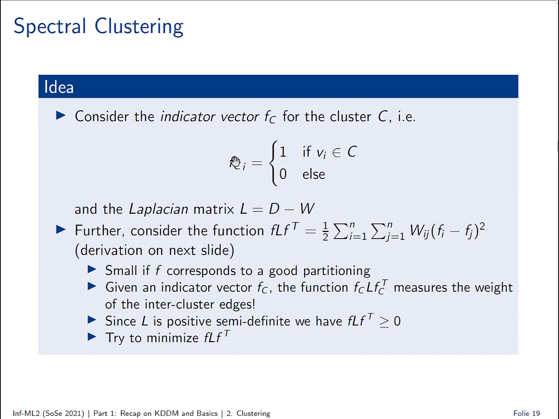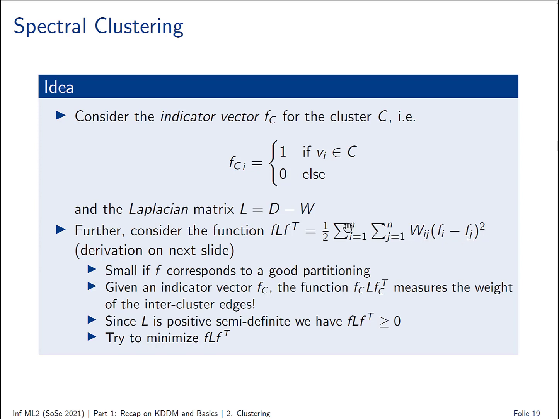So fi is the entry of this one here. If i and j are in the same clusters, they have obviously the same ones and the same zeros, so this one here is 0. If they are in different clusters, they have different ones and different zeros, so this minus here gives us +1 or -1. Squared means we get 1.